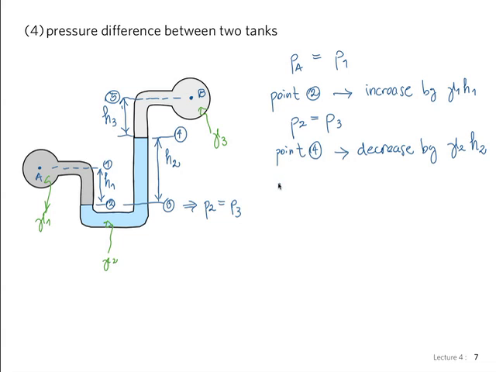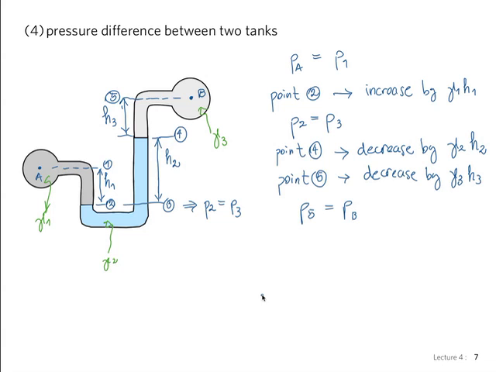So 0.5, we decrease by gamma 3 H3. It's gamma 3 over here, the third liquid. And then 5 is equal to B, right? Same fluid, same elevation. So P5 is equal to PB.